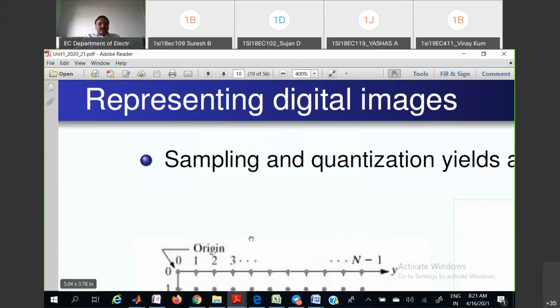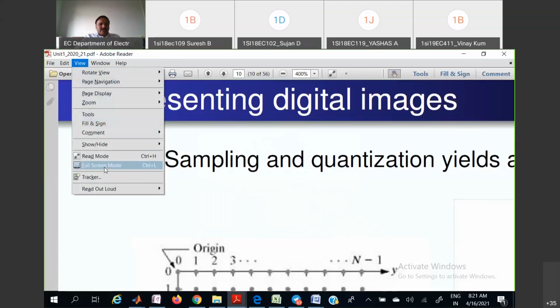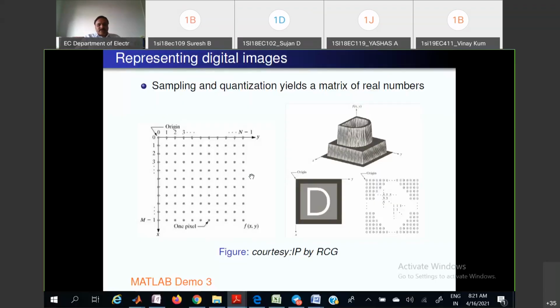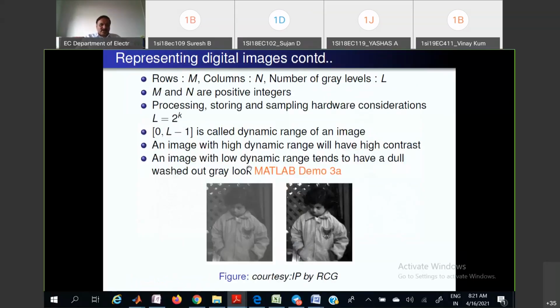So this is how you can represent an image by using a matrix. An image is just a matrix from here onwards. It is a matrix of some number of rows and some number of columns. Now let me continue with the discussions. As I said, there are m rows and n columns, and in each of these you will have some gray levels.